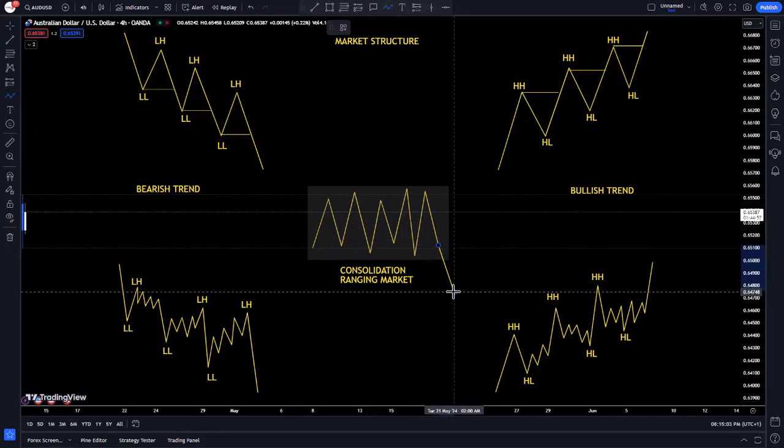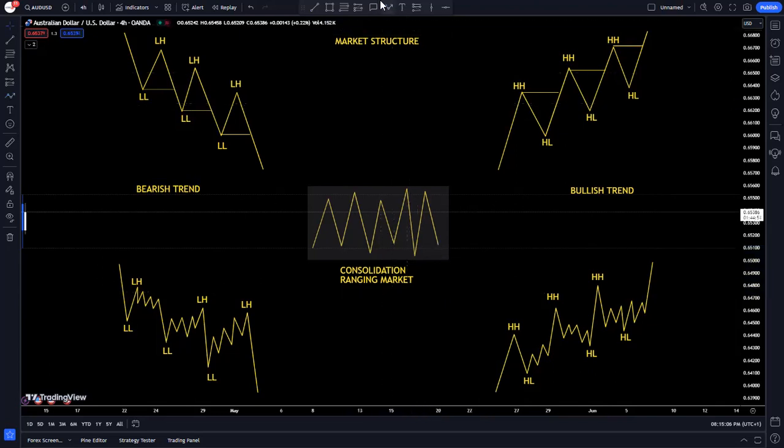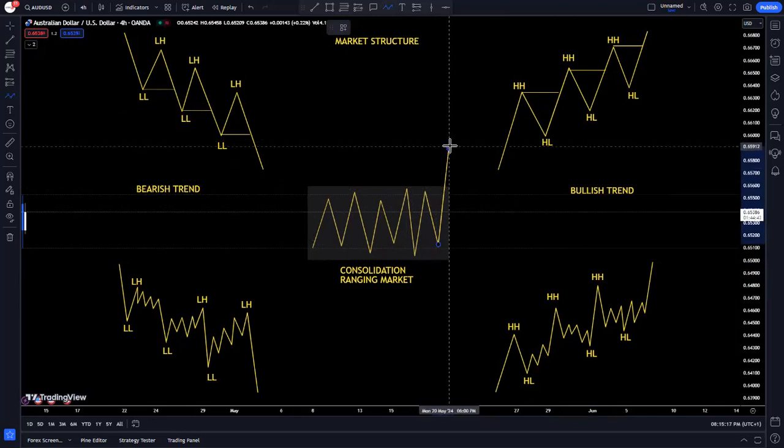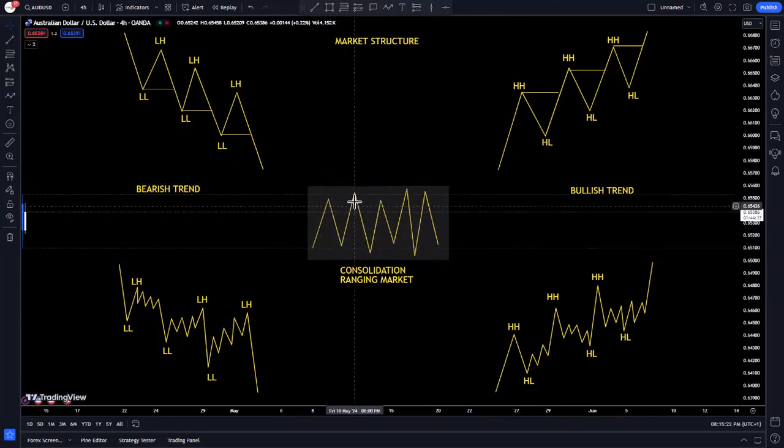But if it was going up, what would we say? It was a bullish trend, because it has broken all this, you understand, and showed us that it is a bullish trend. But this one is just a consolidation.